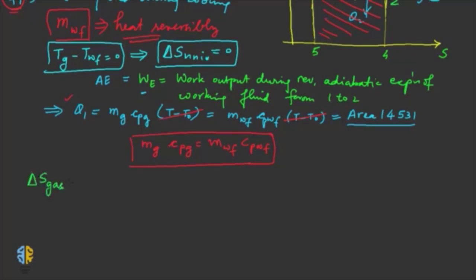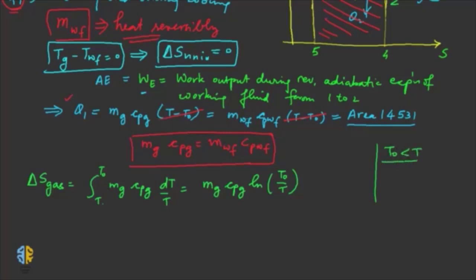Delta S gas would be the integral from T to T naught of mg CPG into dT upon T, which is equal to mg CPG into natural log T naught upon T. Now because T naught is less than T, and also because the gas is losing heat, this would be a negative value. So the entropy of the gas will reduce.